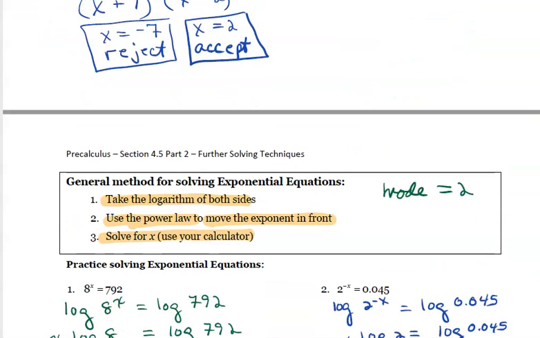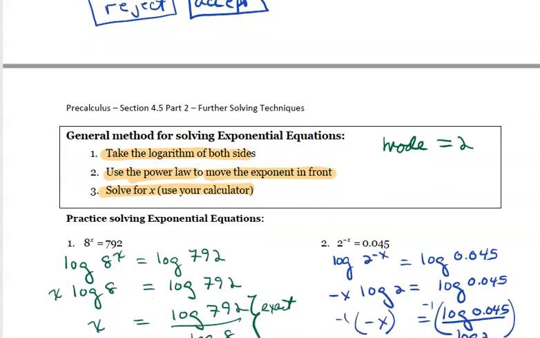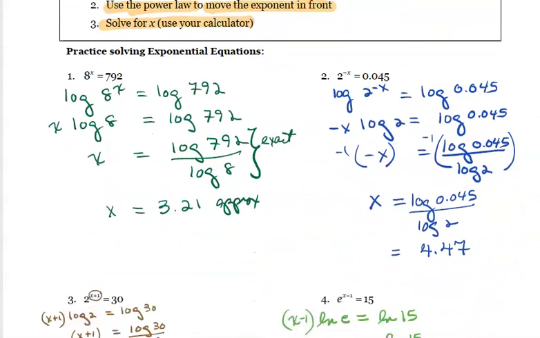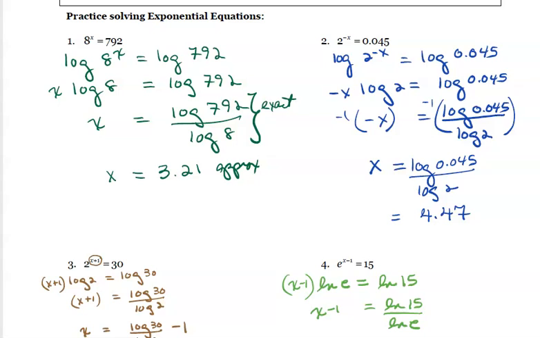Okay, so here's another thing we're going to talk about. If you are dealing with an x in the exponent, then one of the strategies you can use is to take the log or the natural log of both sides and then work it from there. When I do that, and I also do the power property, I can bring this exponent down in front, and therefore that helps me to isolate it.